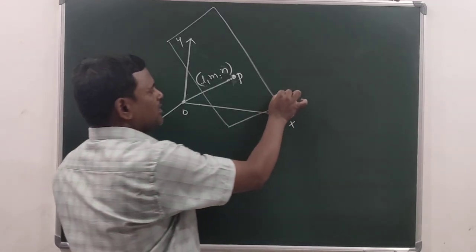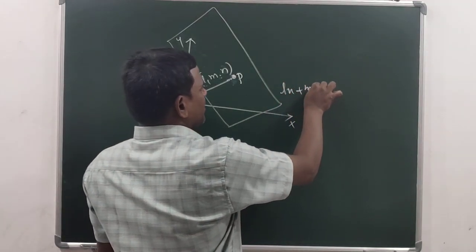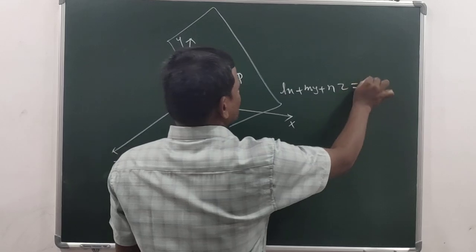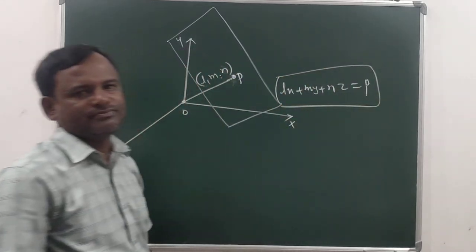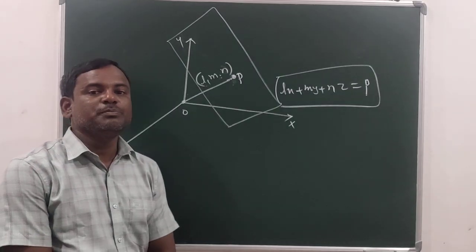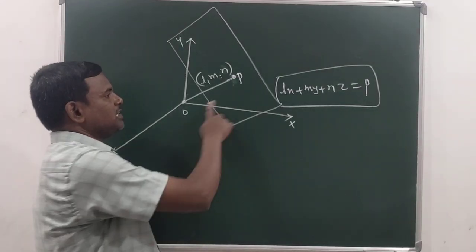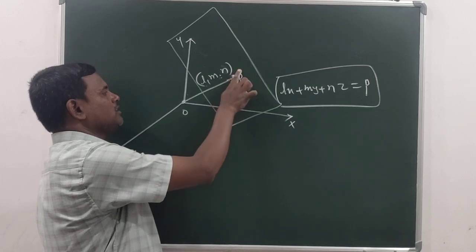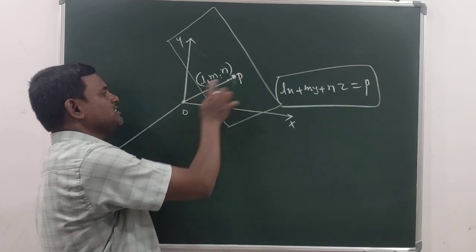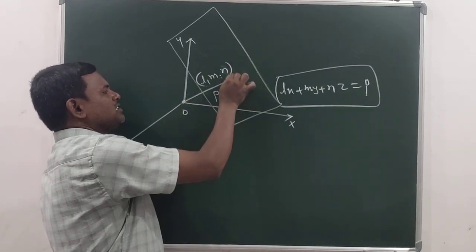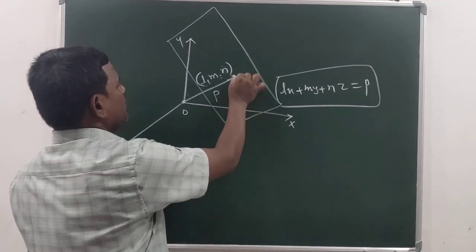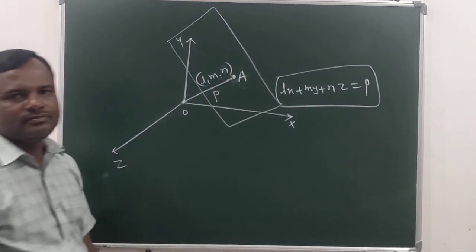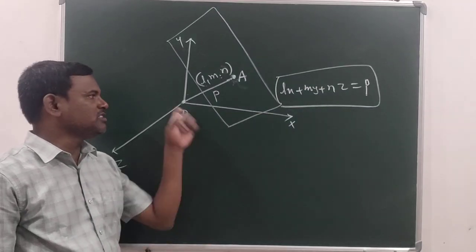Then see here, Lx plus My plus Nz, which is equal to p, is the normal form of a plane. What is p? Perpendicular distance. Like let it be this length, small p. The distance from O to, let us take this point as A. A belongs to the plane, O is the origin.